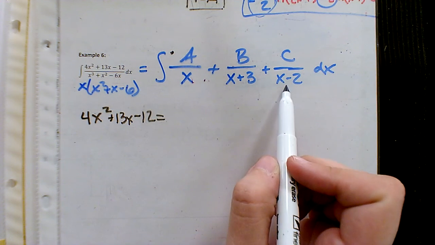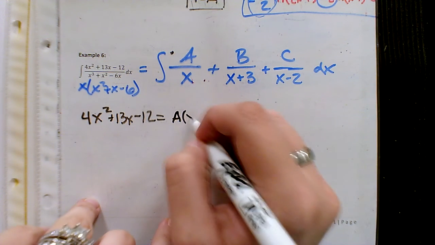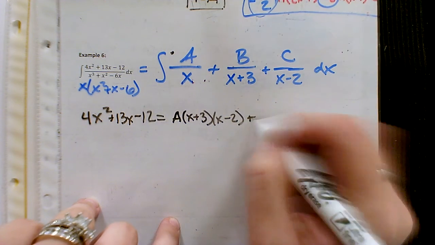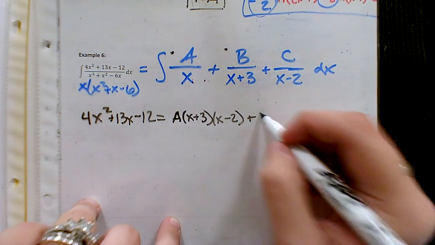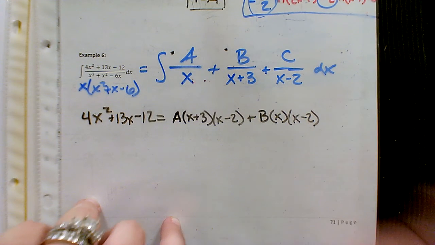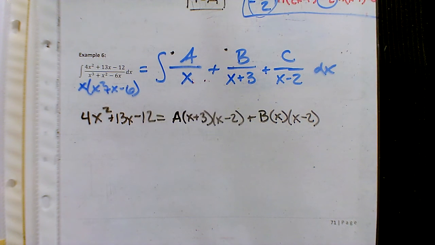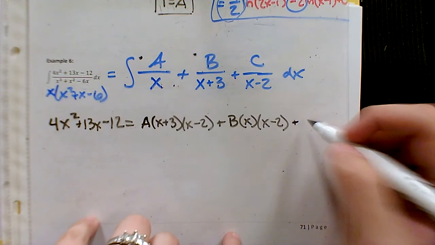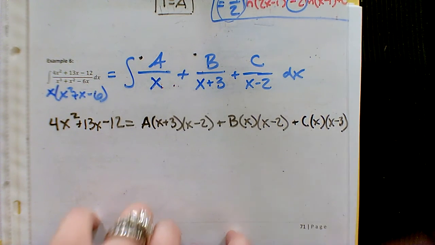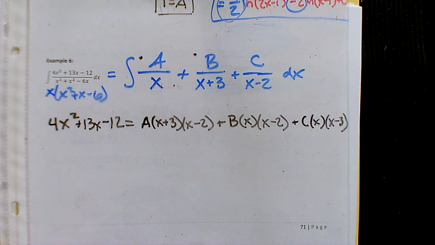X plus 3 and an x minus 2. What would you have to multiply the second fraction by? X and x minus 2. Do you notice how it's basically the other denominators that fraction doesn't have? And then the last fraction, we would need an x and an x minus 3. Oh, sorry, x plus 3. Good.